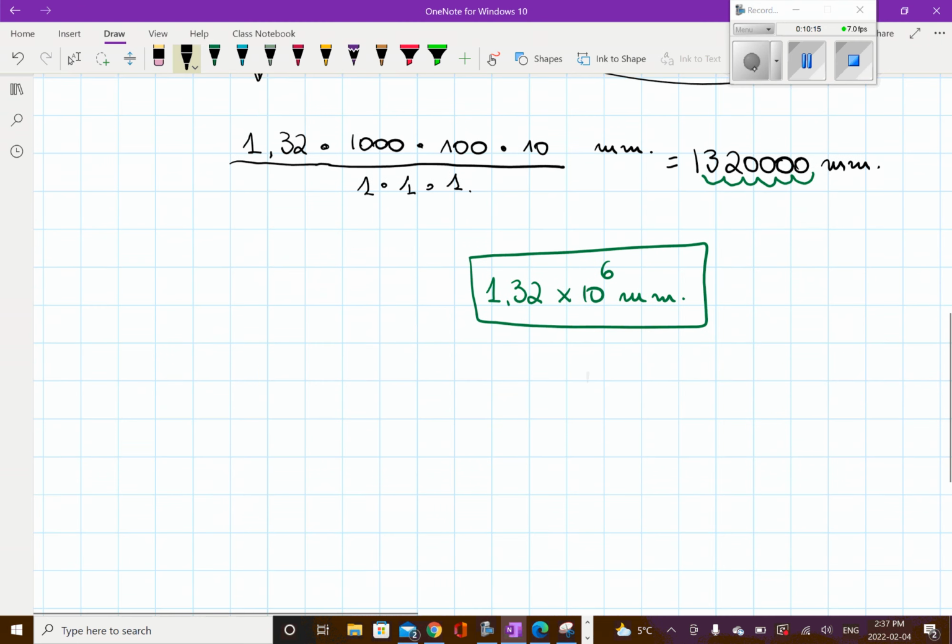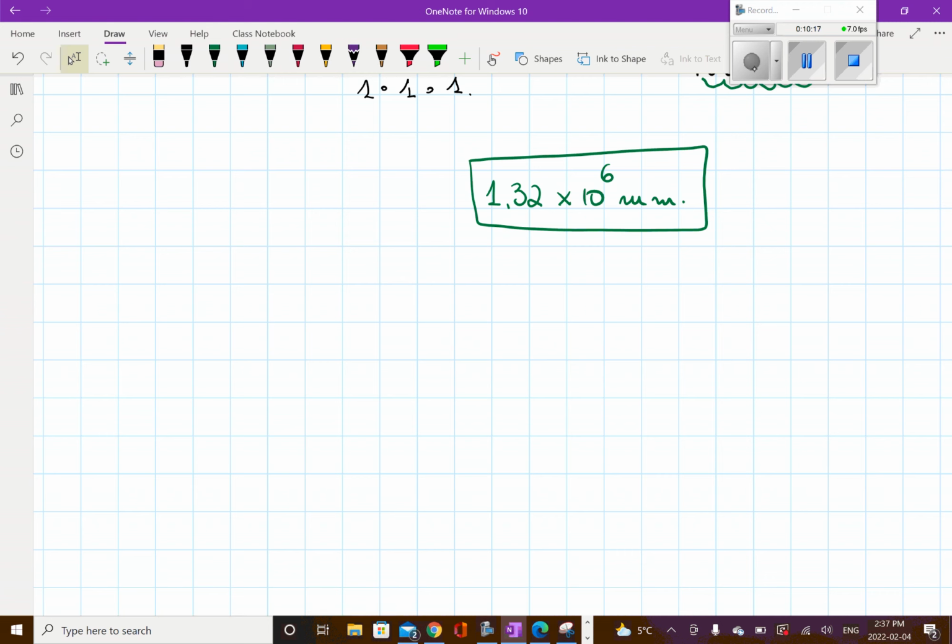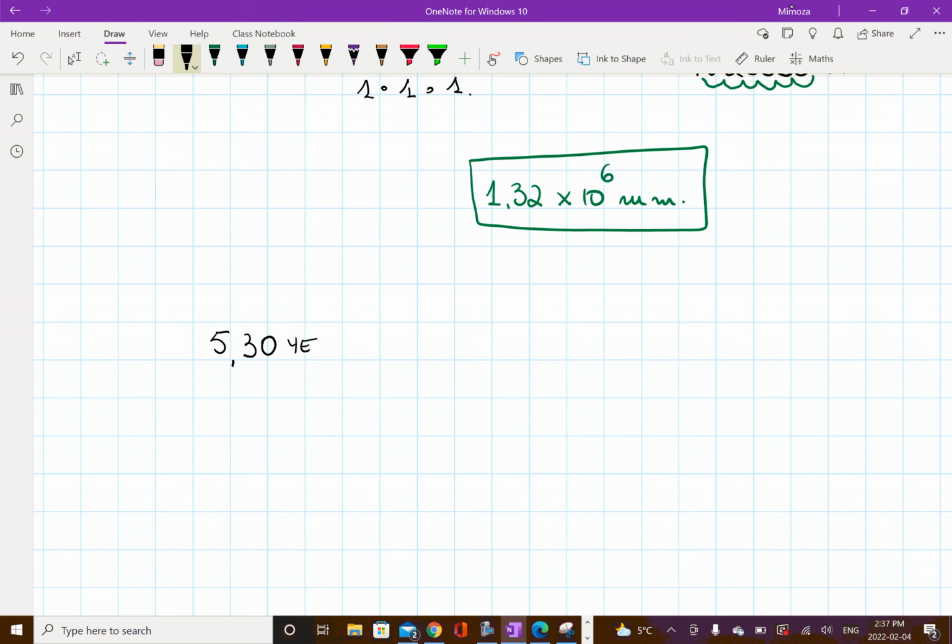Let's see now what the conversion will be if we have, let's suppose, years to seconds. Okay, so let's say that we have to convert 5.30 years into seconds.